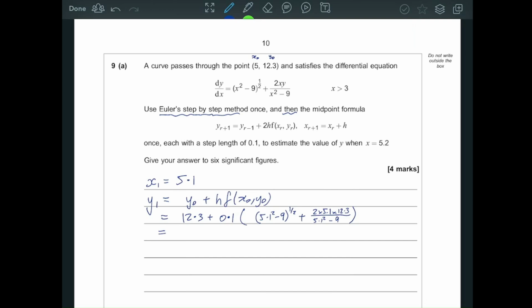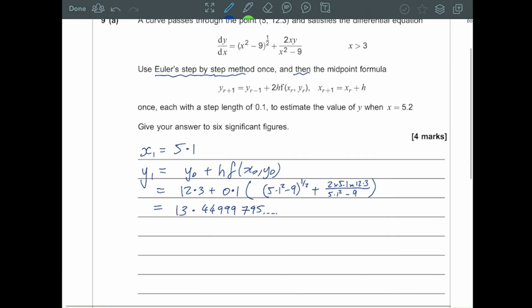Make sure I've got enough brackets in all the right places. And my answer, this is claiming to be, is 13.449997. I'm going to write out my whole display here. Hopefully I can just use the answer button in a moment though. So that is my Euler step-by-step used once, then use the midpoint formula.